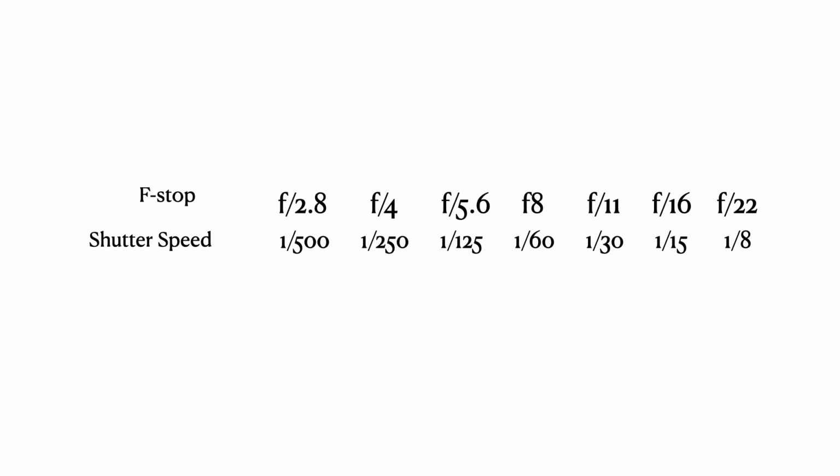That f22 is going to give you much more depth of field. Another way of looking at it is the first one at 2.8 is going to give you a much faster shutter speed with that 500th of a second versus the 1/8 of a second at the other end, which will be much slower, and things will blur.